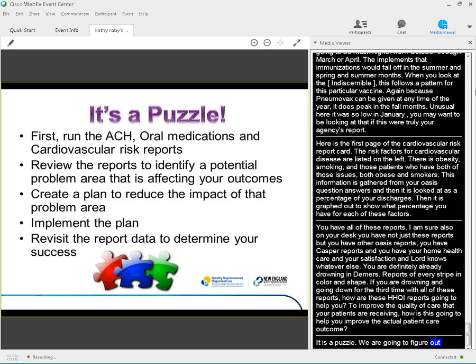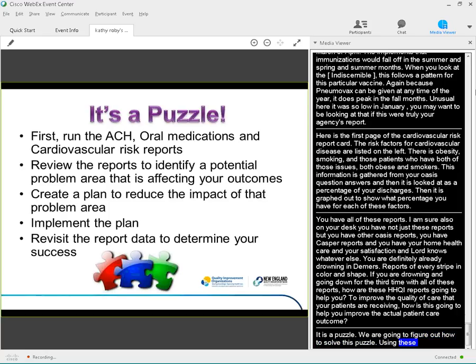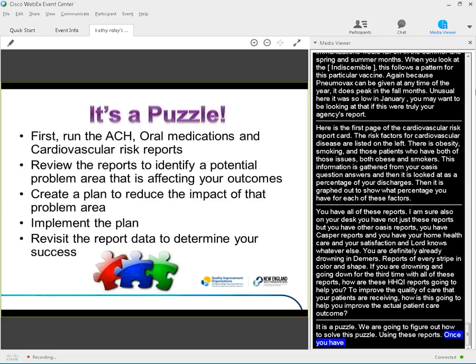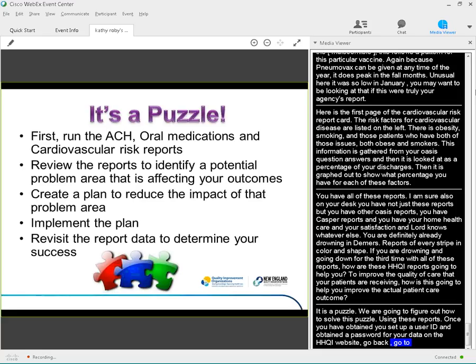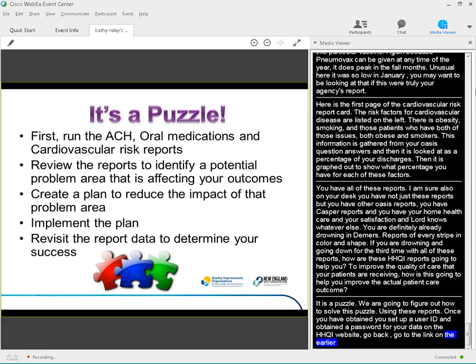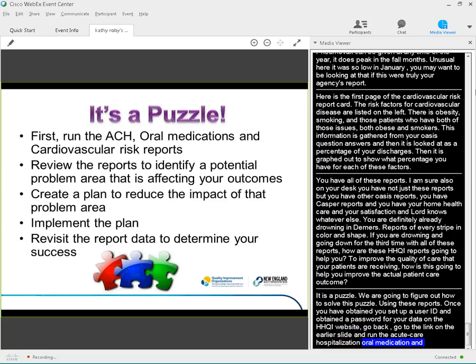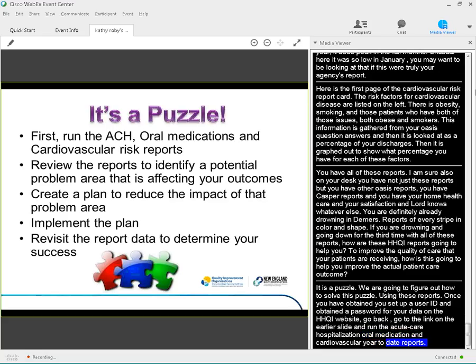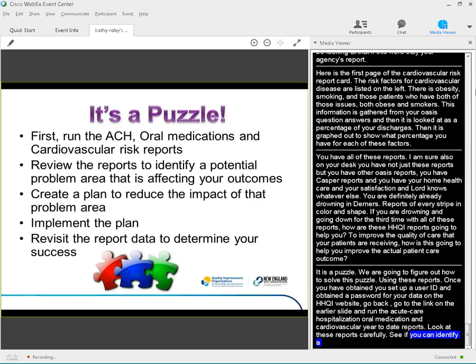Once you have set up a user ID and obtained a password for your data on the HHQI website, go back in, go to the link on the earlier slide, and run the acute care hospitalization, oral medication, and cardiovascular year-to-date reports. Look at these reports carefully. See if you can identify a potential problem area that is affecting your outcomes.